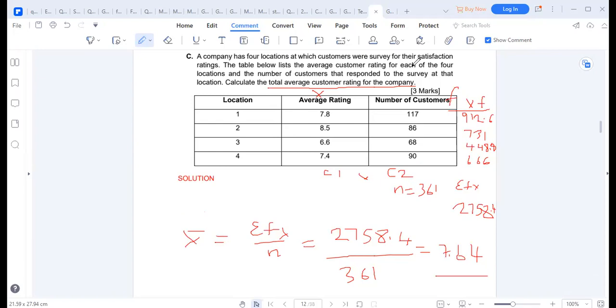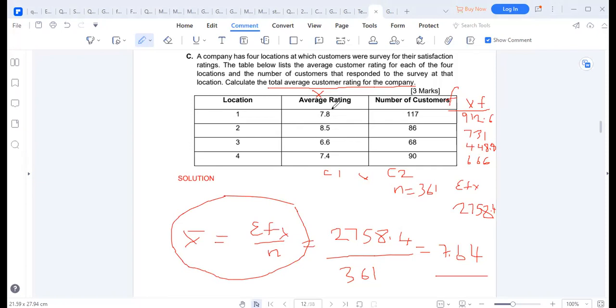Anyone behind? So why didn't we just add the total of the average ratings and divide by 4? Because the formula for the mean is simply summation of fx over n.